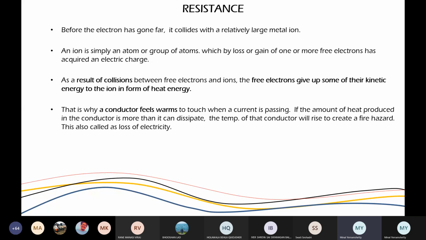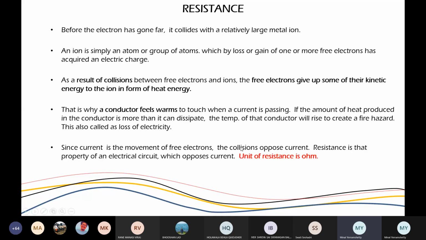And then the problem starts when the plastic melts, or when two live wires come in contact with each other, boom, there is a short circuit and fire can start very easily. So the biggest problem with electricity is it can convert itself into heat very fast, and that's what the electrician will have to take care of. This is also called loss of electricity. Now, since current is the movement of free electrons, the collision that opposes current is what we call resistance.